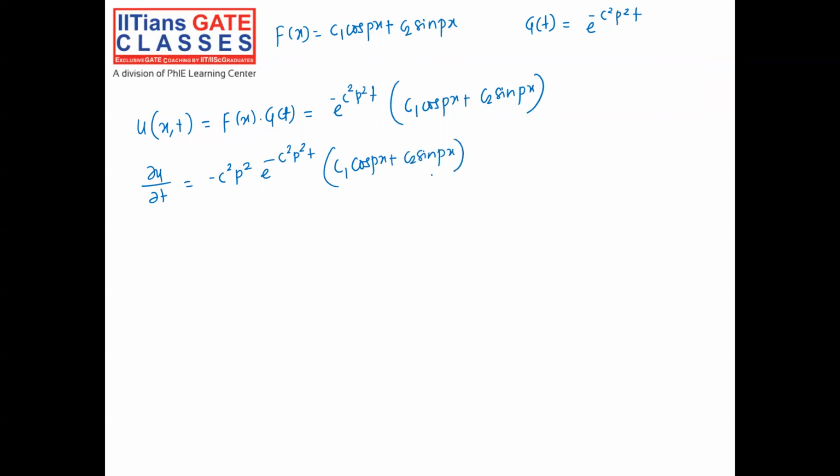Okay, and now if you take a differentiation with respect to x, how will it look? Differentiation with respect to x is e to the power minus c square p square t, and here we'll get c1.